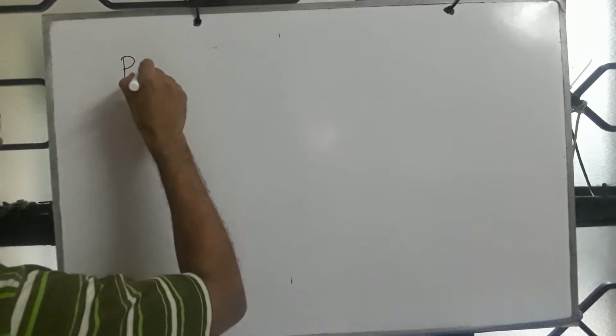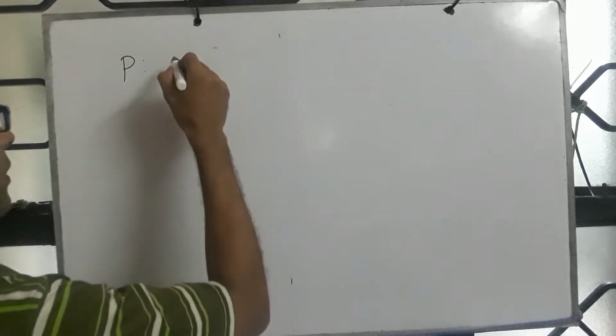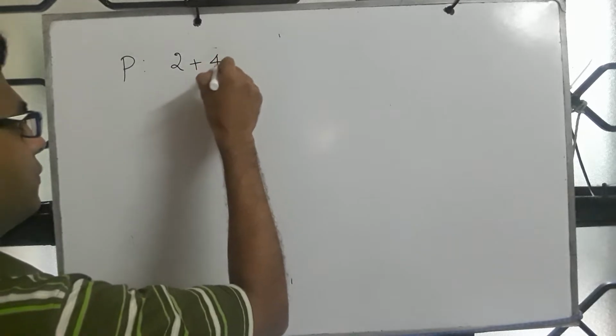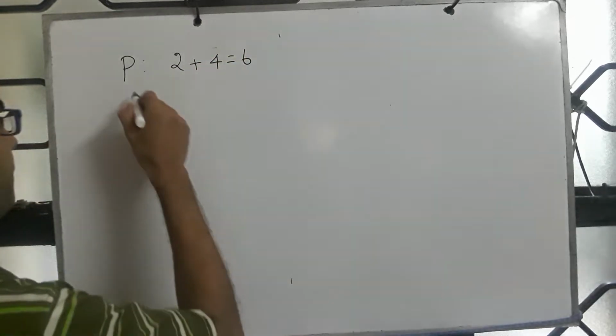Let us continue our discussion on propositional variables. So the variable p denotes the expression 2 plus 4 equals 6.